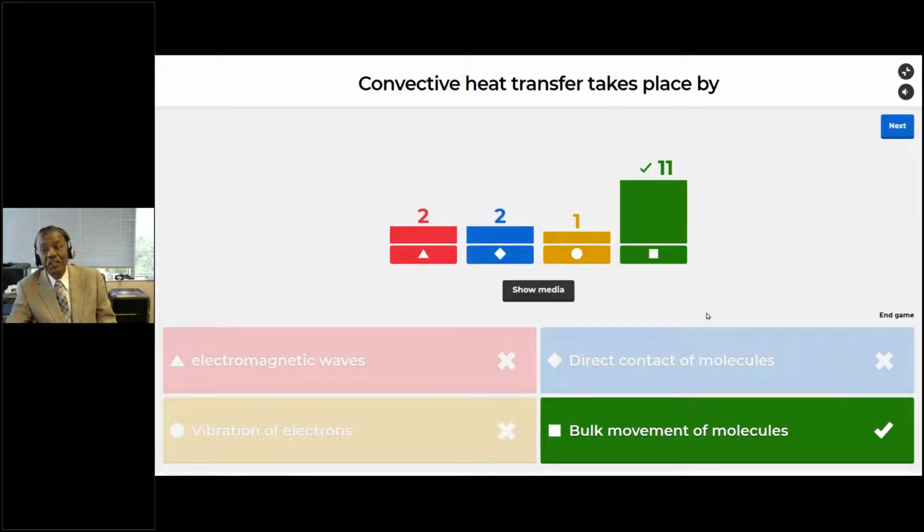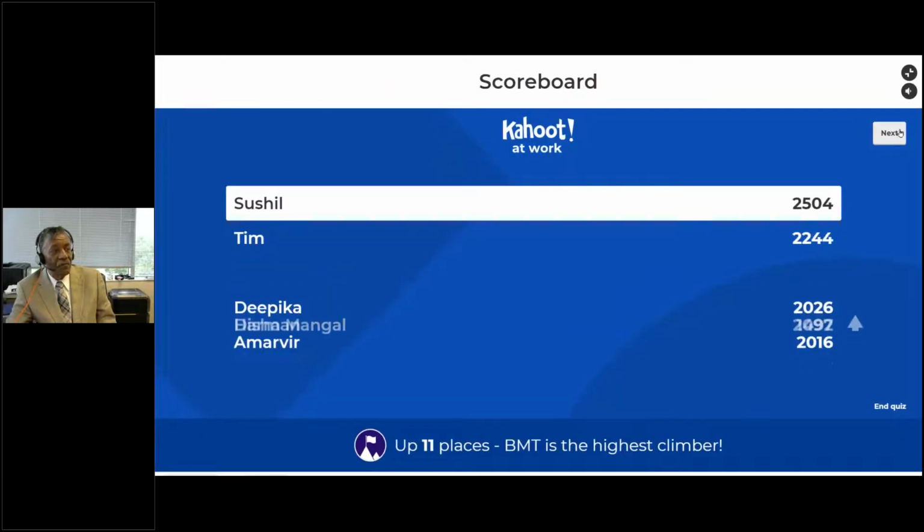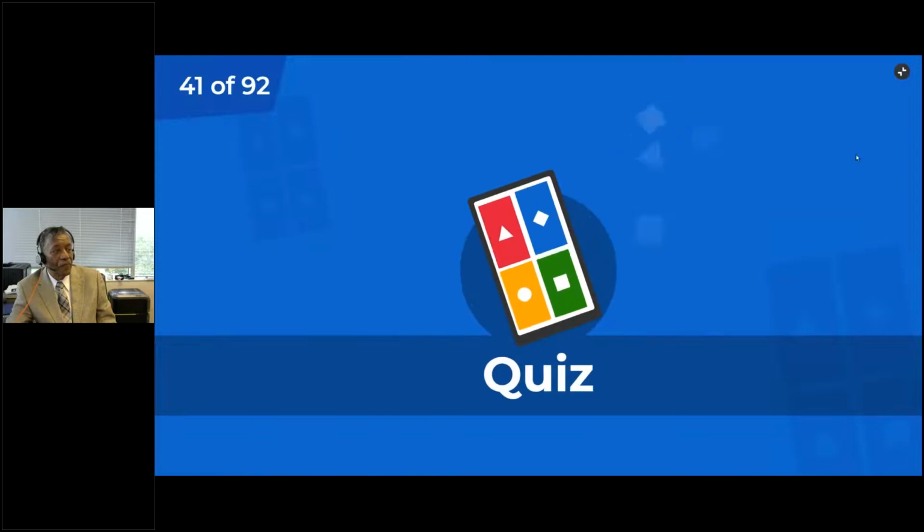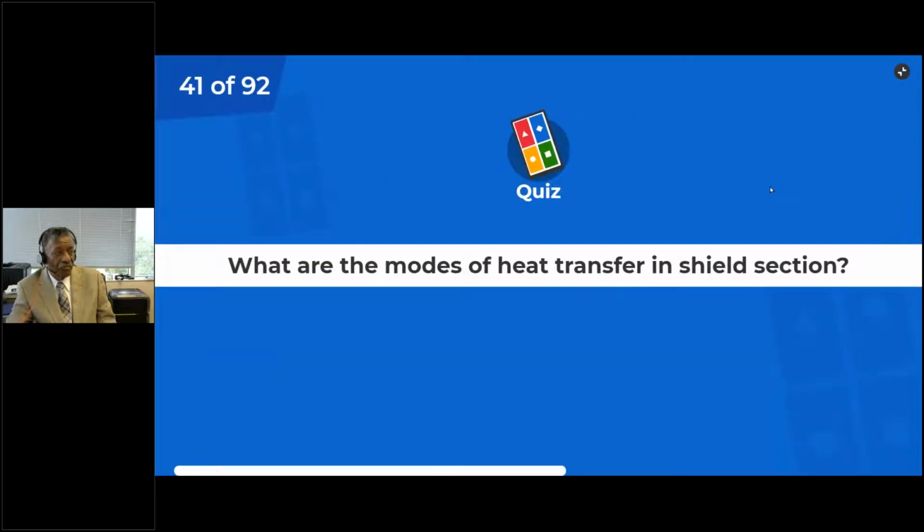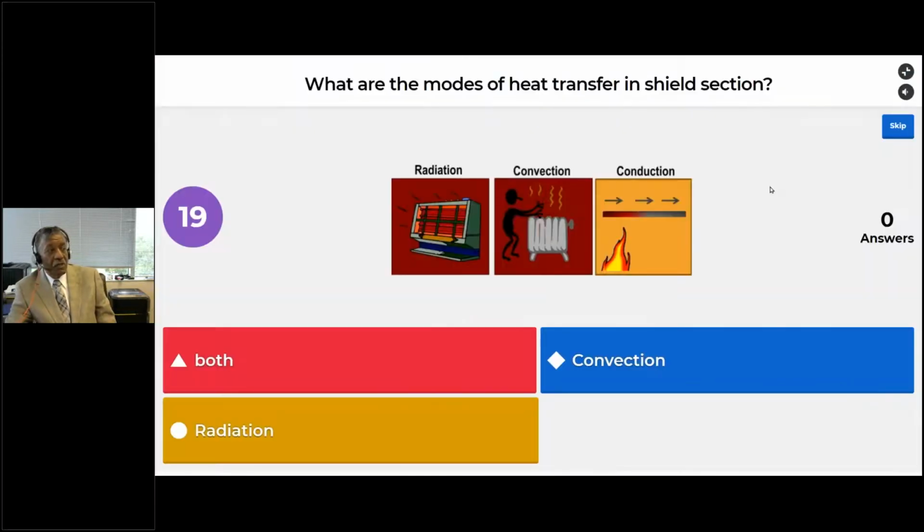The velocity of gases is basically what is transferring the heat in the convection section. So the shield section is the section which is at the inlet of the convection section. And it's also known as shock section.